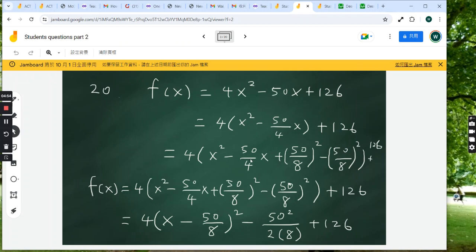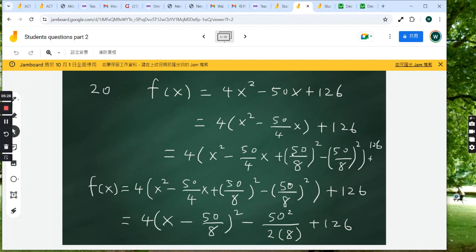You have negative 50 over 8, and then you square that. So that's 50 over 8 squared. Of course, a negative squared is positive, so the negative sign disappears. That's how we got this 50 over 8. So you just take this number, divide it by 2, and then square the whole thing, and this is how you got this term right here.